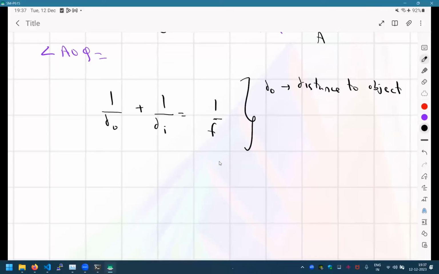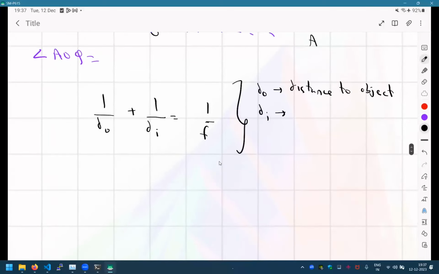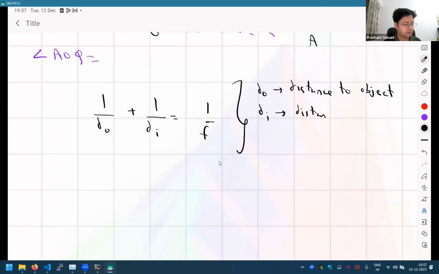This formula is there, but maybe I don't know if all boards have it, so I'm just writing it for your reference. DI is the distance to the image. This formula is applicable for a convex lens, and even for a concave lens, but there the signs are slightly different. Basically, it's the same formula. F is the focal length of that lens.